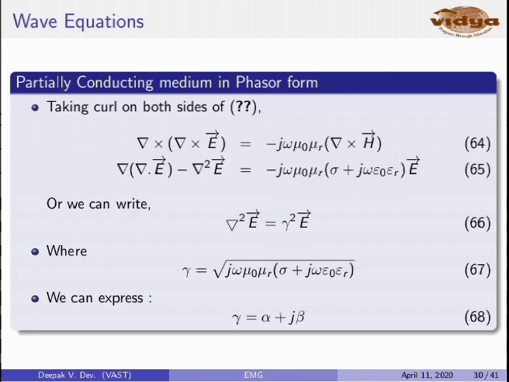So the equation becomes del square E is equal to gamma square E, where gamma is known as the propagation constant. It is equal to the root of j omega mu 0 mu r into sigma plus j omega epsilon 0 epsilon r. It comes directly from this term.